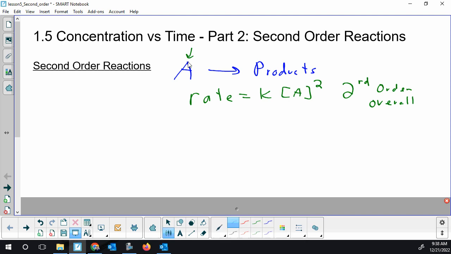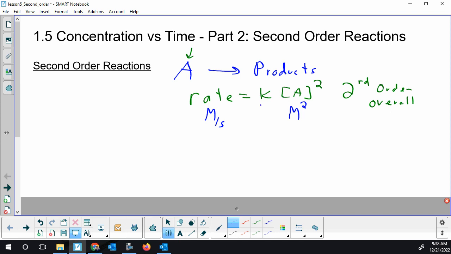Okay. Looking at our units, the rate is typically in concentration per time. It doesn't have to be, it could be in pressure per time, but if we're using concentration, we're going to have moles per liter per second. Our concentration squared factor is going to be moles per liter squared.